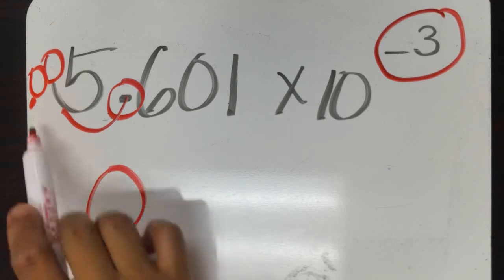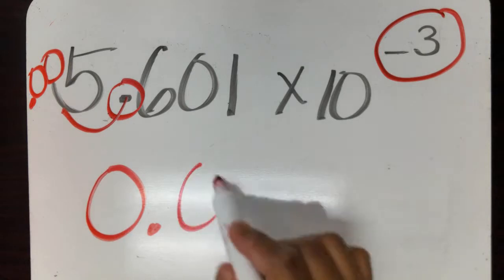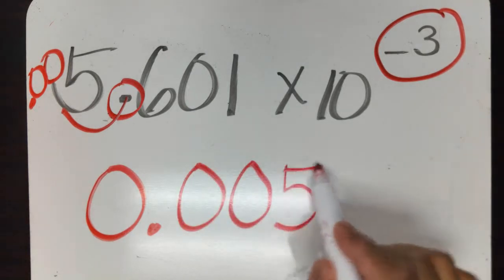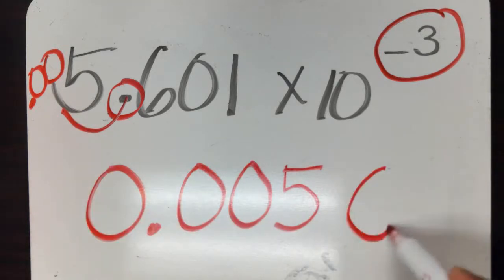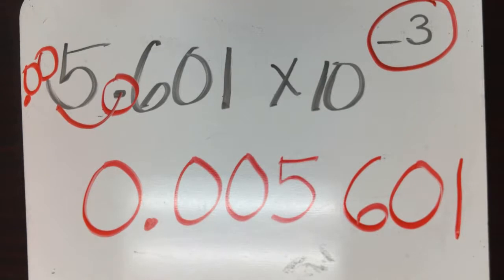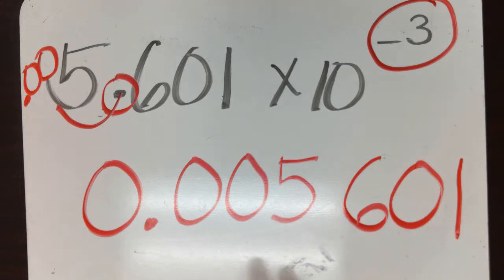After the decimal point, we write 2 zeros, and then 5, 6, 0, 1. So that's your final answer to number 2. You also notice that I grouped the numbers by 3 after the decimal point to write it in a very organized way.